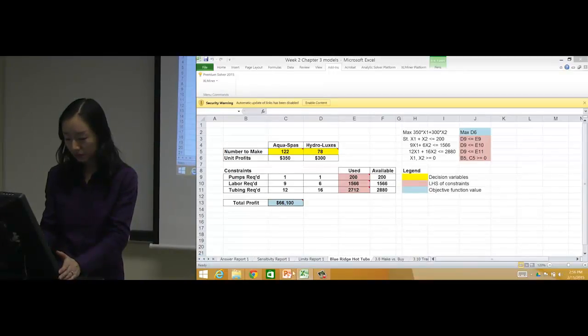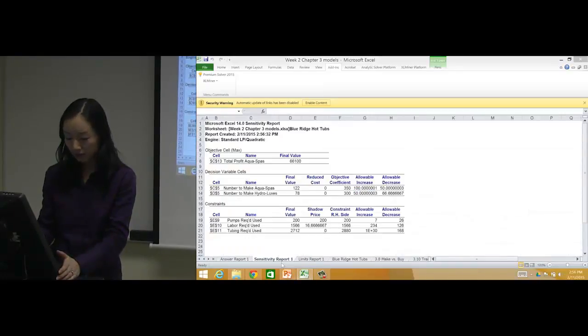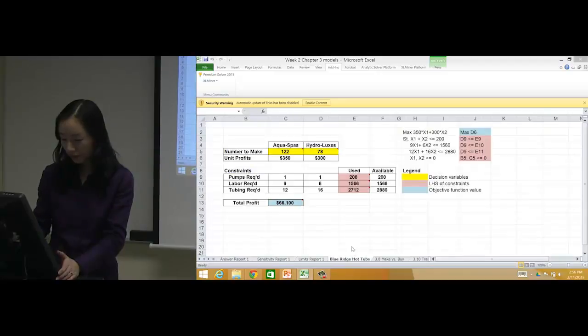Okay. And one thing I want to notice, let's click on one of them. You see that in this sensitivity report, the name of the cell, for example, C13, which is this one, that's our objective function. Remember that?